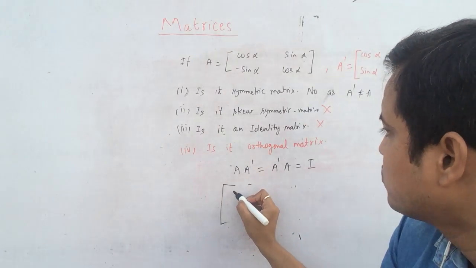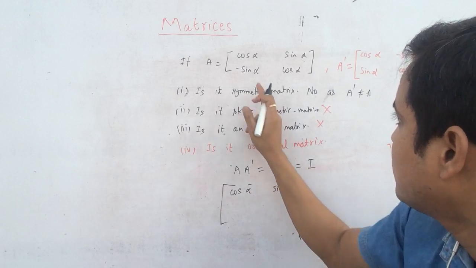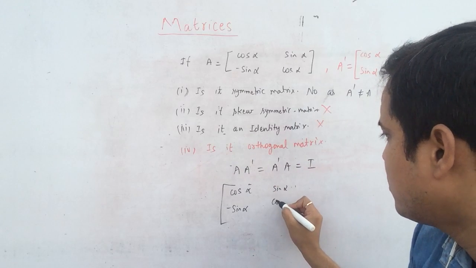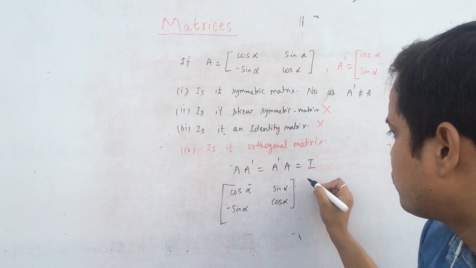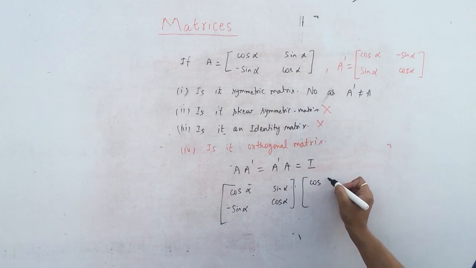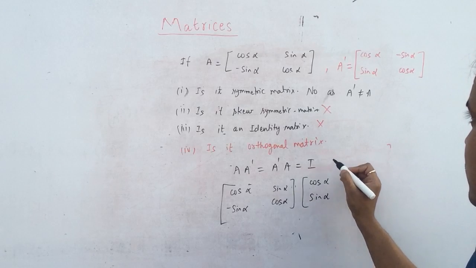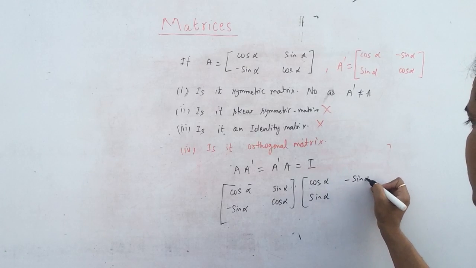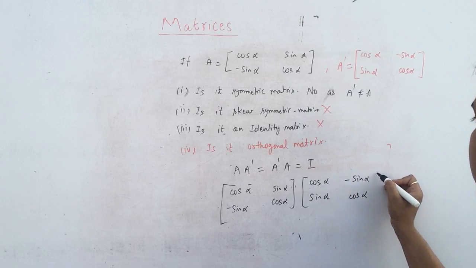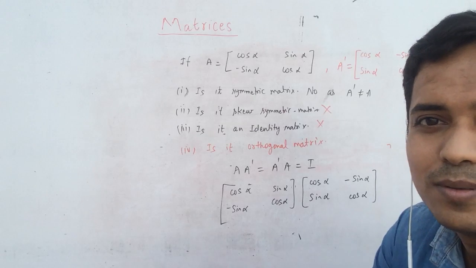So cos alpha, sin alpha, minus sin alpha, cos alpha, and its transpose is cos alpha, sin alpha, minus sin alpha, and cos alpha. Now you need to do the product.